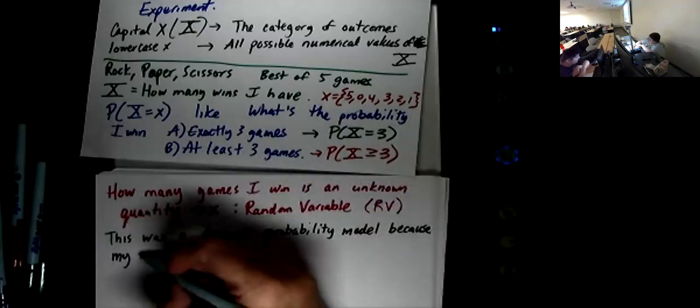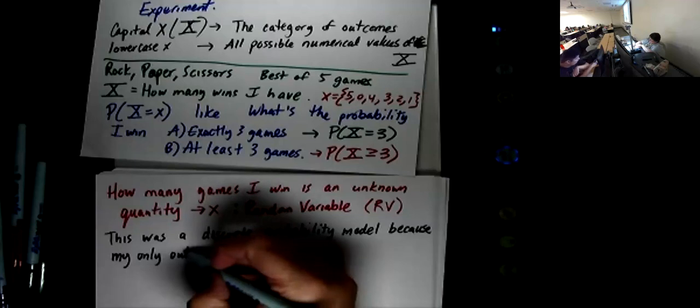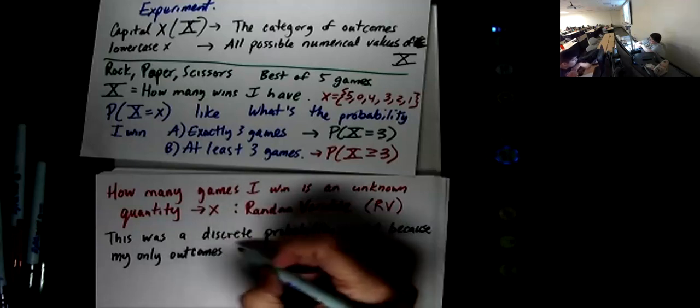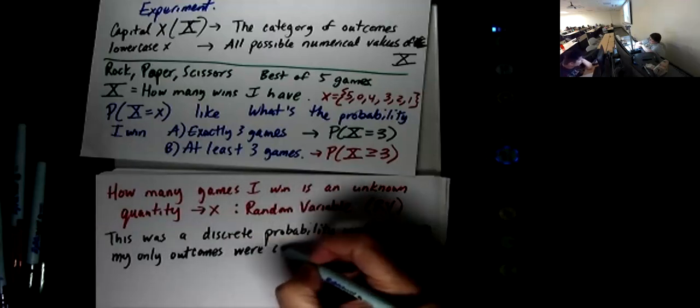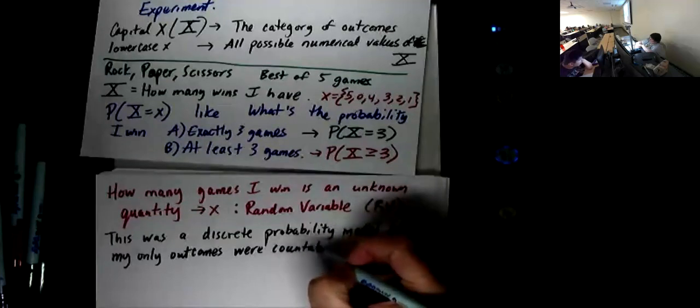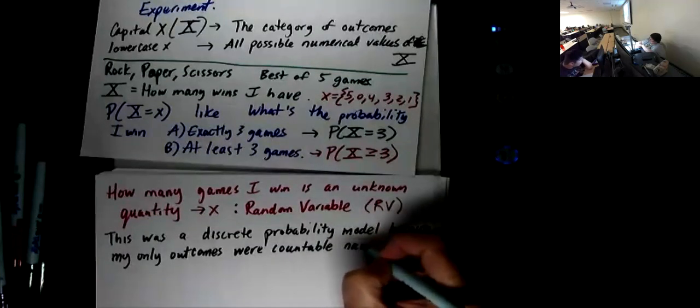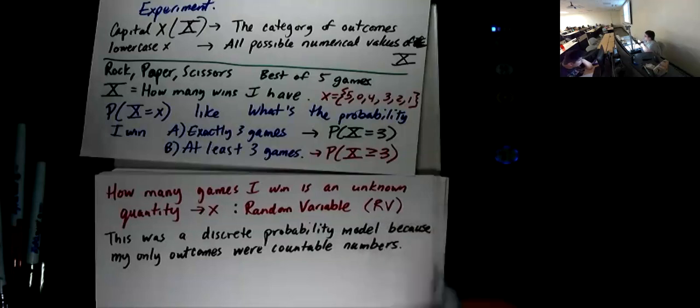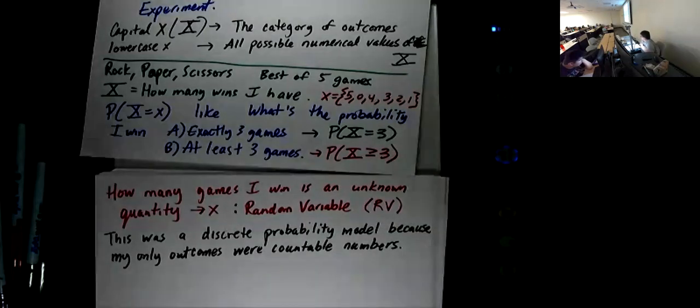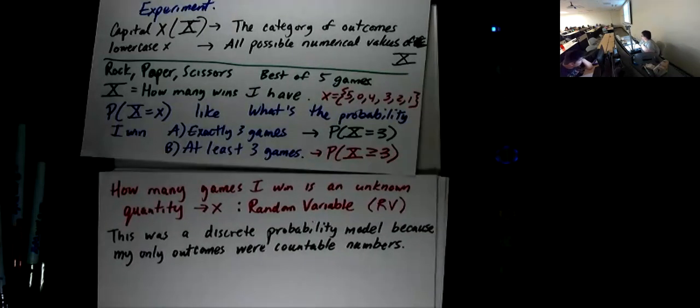My only outcomes were countable numbers. Can't win 1.3 games. I could have an average win of 1.3 games, which means I suck at rock, paper, scissors, or am really unlucky.